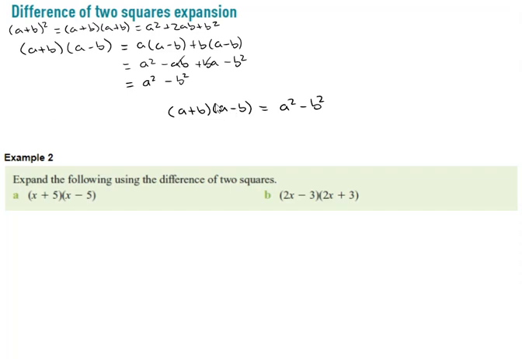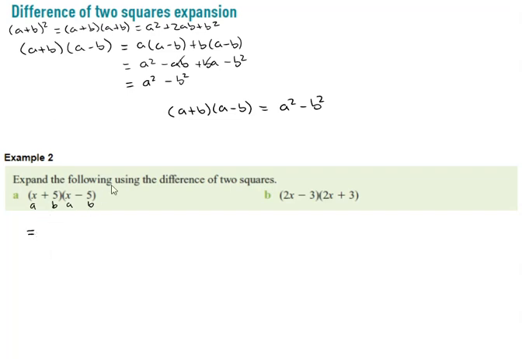Now let's look at the examples. So again, with all these examples, you can multiply them out the long way, but what I want you to do is to relate it to our expansion here, which is a kind of formula. Okay, and when I use this formula here, I'm going to think of the x as my a, the 5 as my b, again x is a, 5 is b, and then just look at the formula.